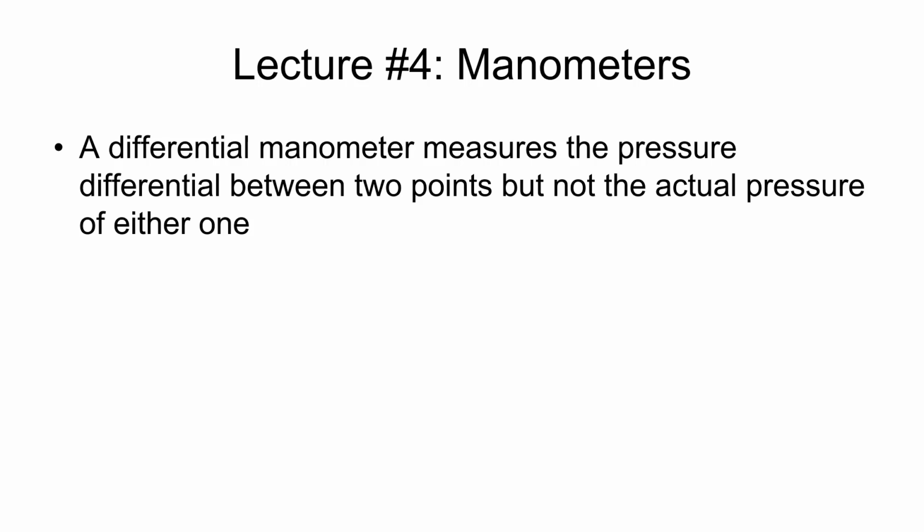But sometimes we also want to know what's the pressure differential between 2 points, but not actually the actual pressure of either one. And so for that, we can use a differential manometer, which is going to be tapped into two sides of a system and will help us display what is the pressure differential between those 2 points.